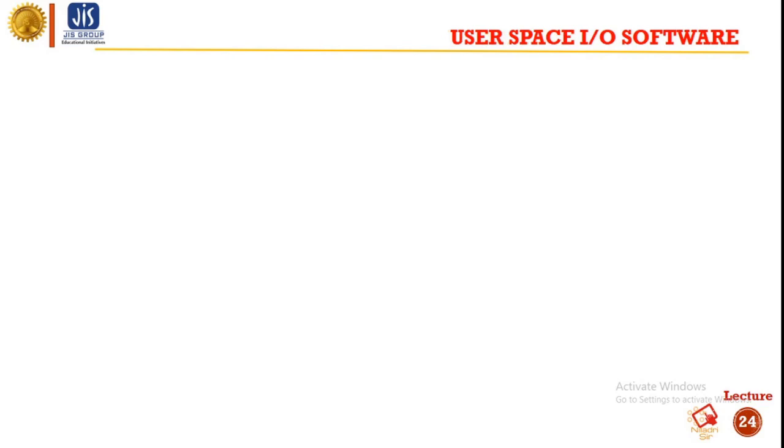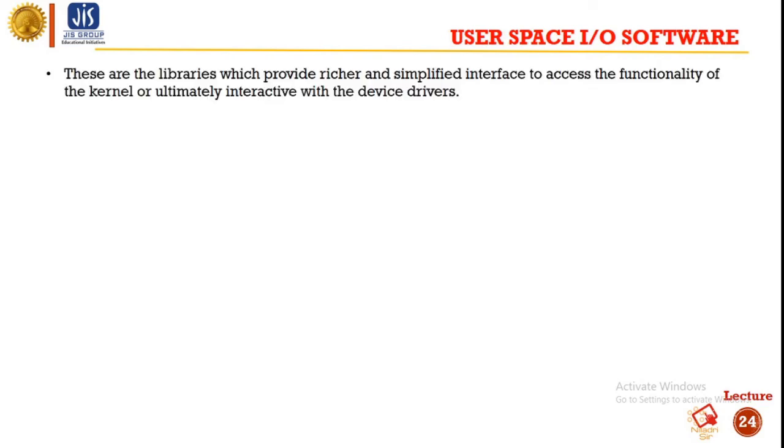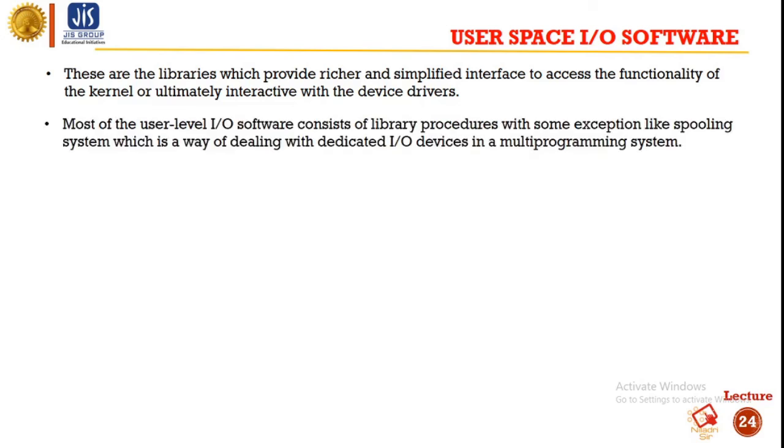Now, next is user space I/O software. These are the libraries which provide richer and simplified interfaces to access the functionality of the kernel or ultimately interact with the device drivers.